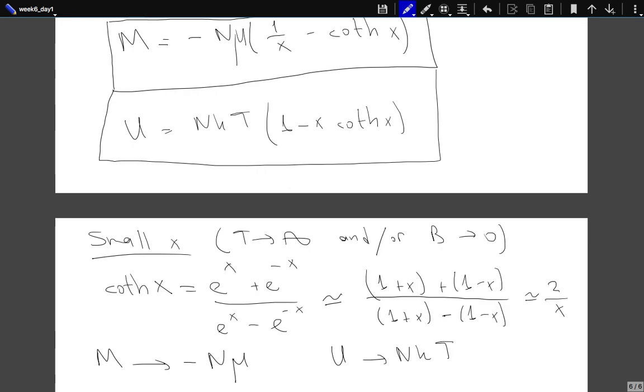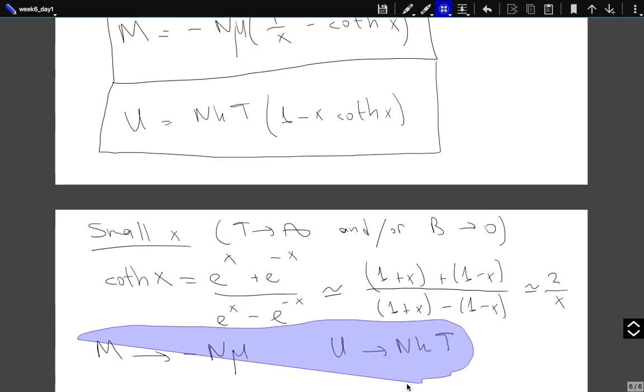So let's see with this understanding what the correct answers would be. Let me erase these; they are obviously not correct.